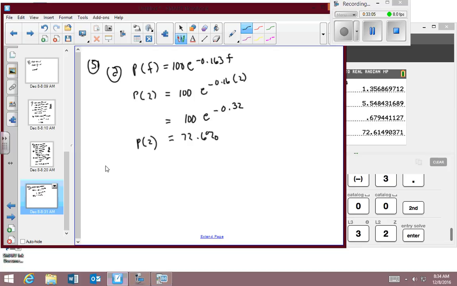So 72.6% of the surfactants remain in the fuel.